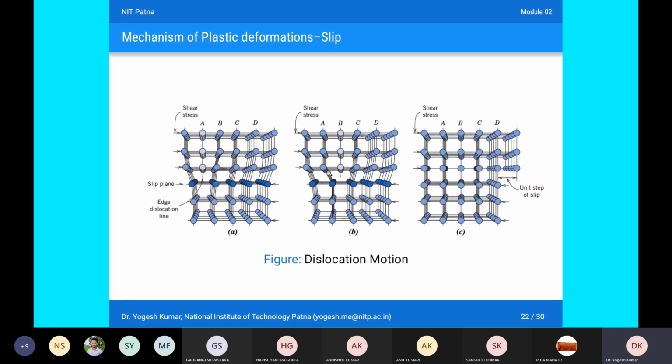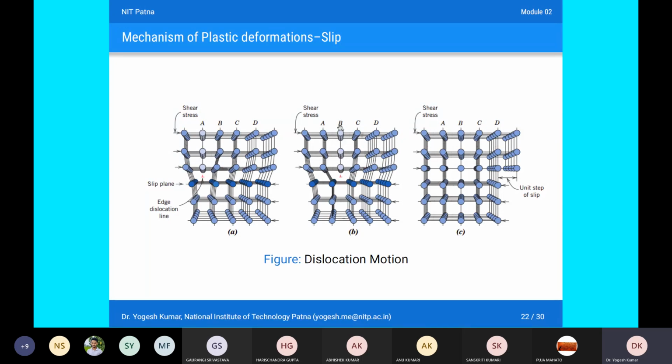Otherwise it will not be plastic deformation, and the extra half plane will not combine with the adjoining plane. Here we can see that plane A has now become a full plane, but B has become the half plane of atoms.